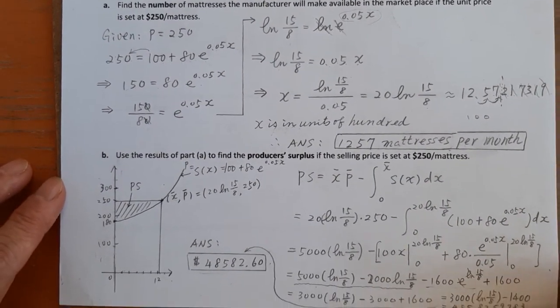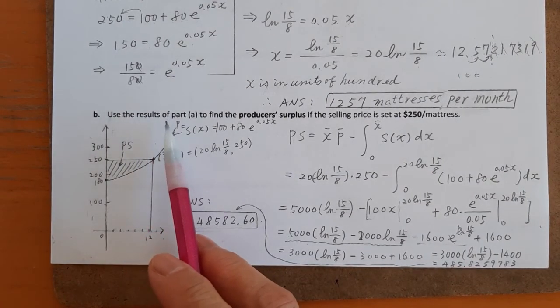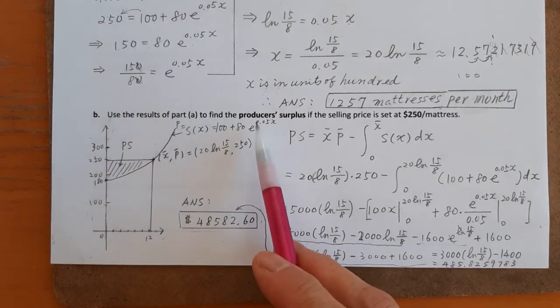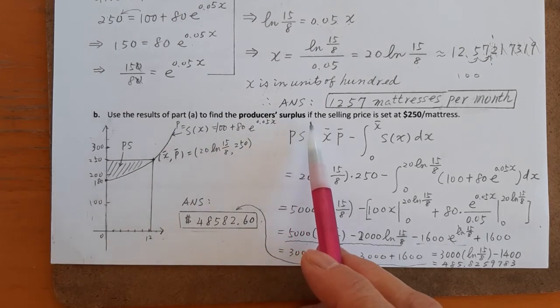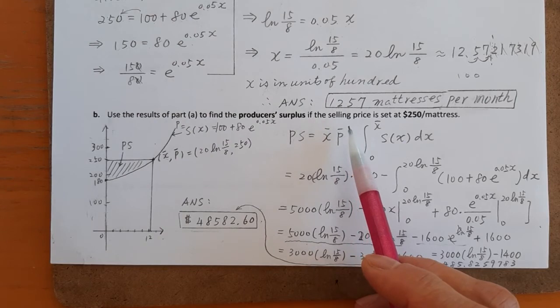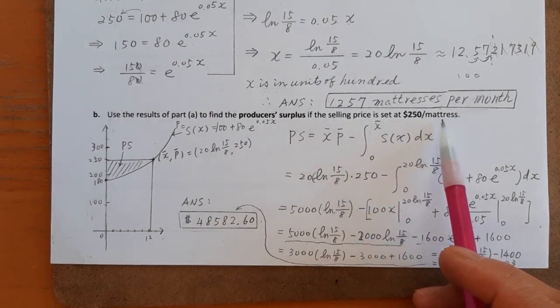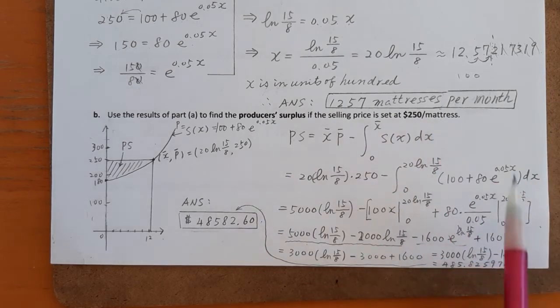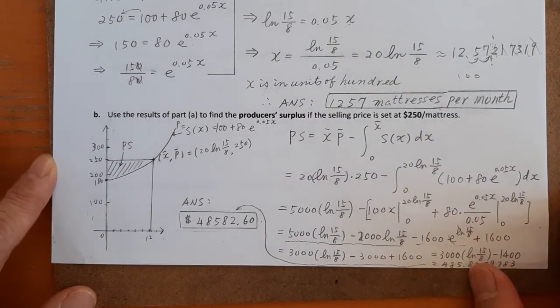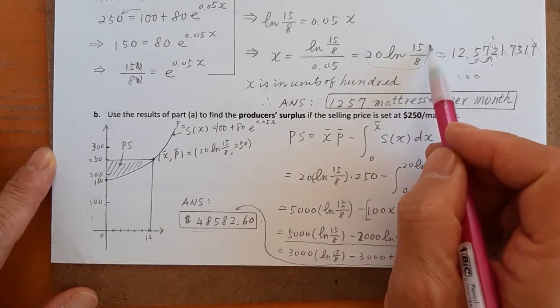Then part B asks us to use the result of part A to find the producer's surplus, PS, if the selling price is set at $250 per matrix. So I'm going to use the exact value to do this.